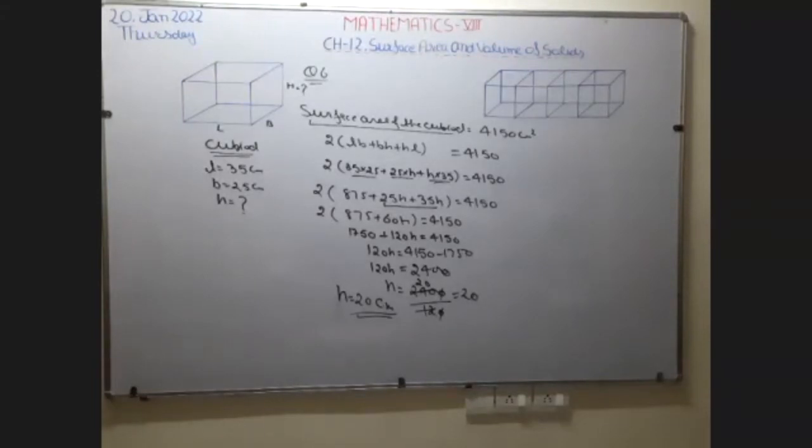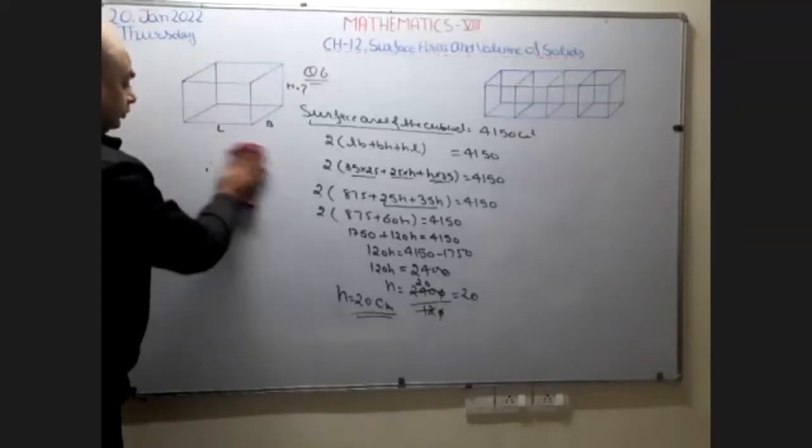Okay, beta. Now check next question, question number 7. What is given in question number 7? Check the statement from your book fast.